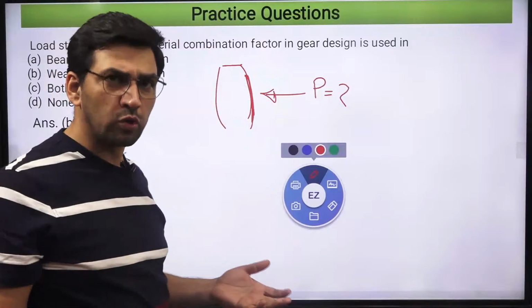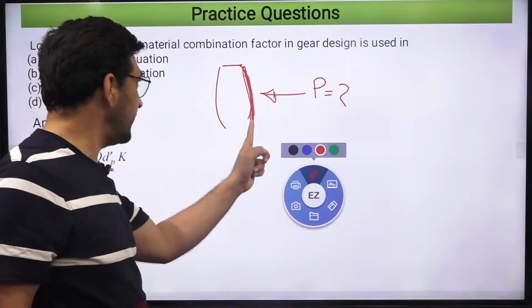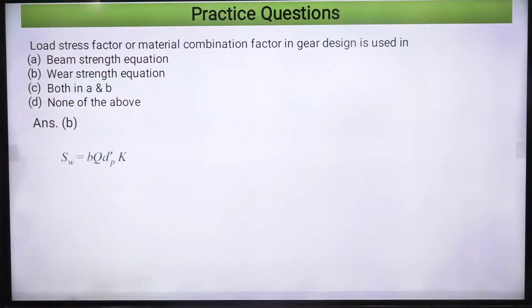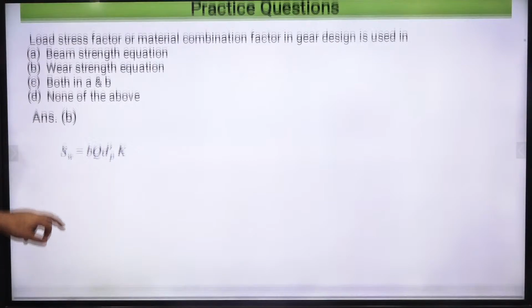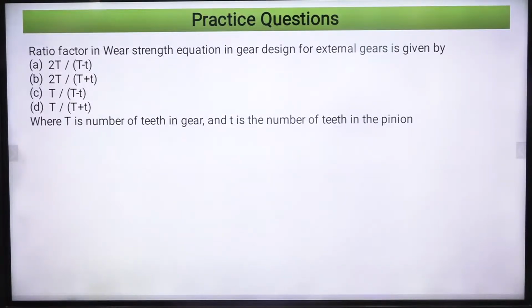So it is common for both of them, whether it is gear or pinion. That is why the equation is common for both. That is the only difference you have to take note of, and you must understand the meaning of Weir strength. Go to this one. Ratio factor in Weir strength equation in the gear design for external gears.